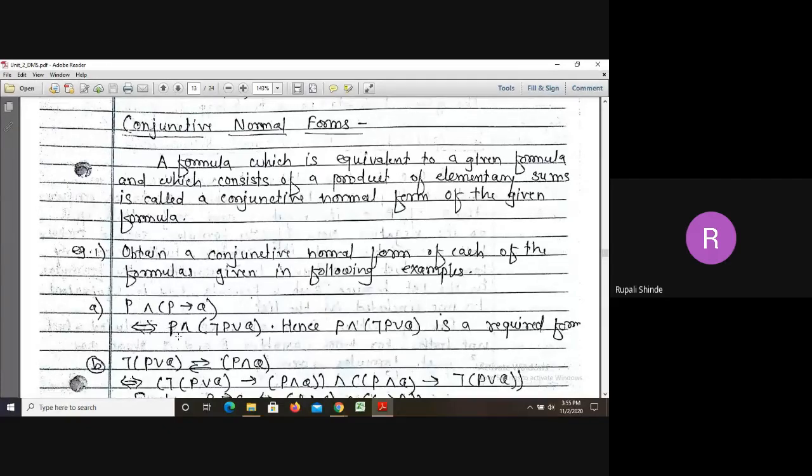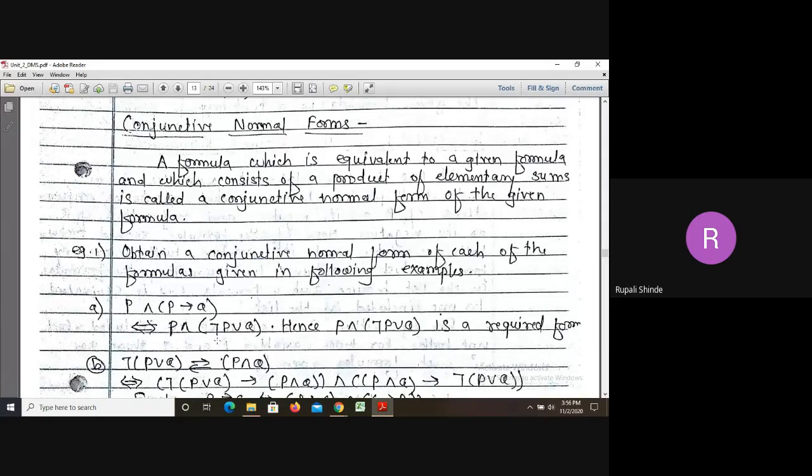Now check whether this is the required form. Outside the bracket and is there, inside the bracket or is there. For the first one, the variable is a single variable, so there is no problem. So this is the required CNF.